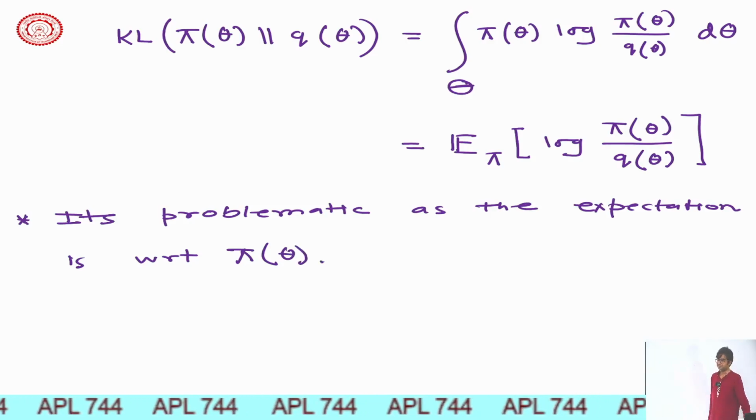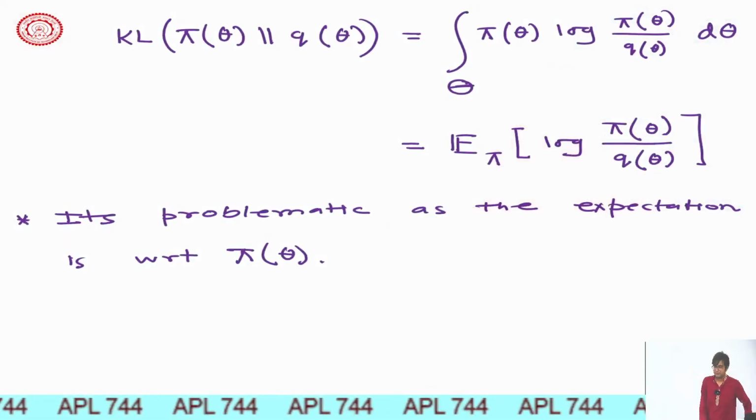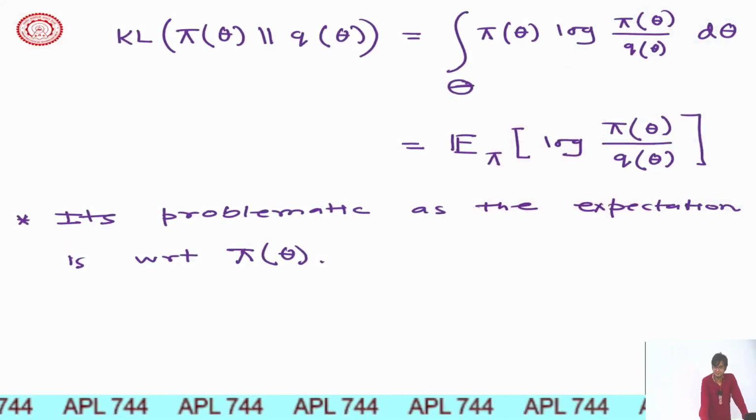Suggest the solution. What can we do to use this? Can you think of some alternative metric? Clearly, this metric we cannot use, at least for today. So can you think of some alternative metric?